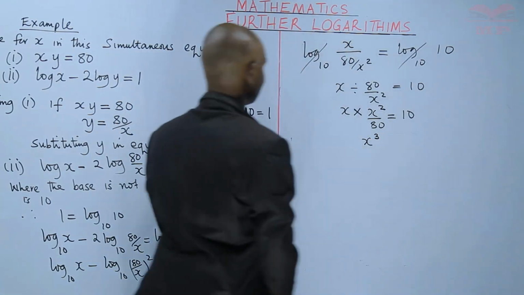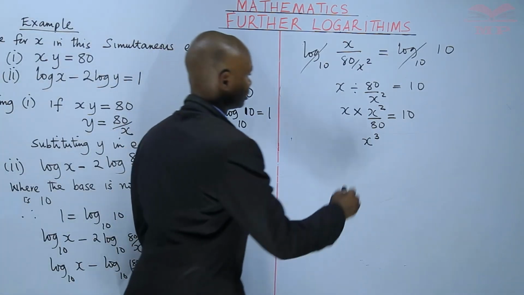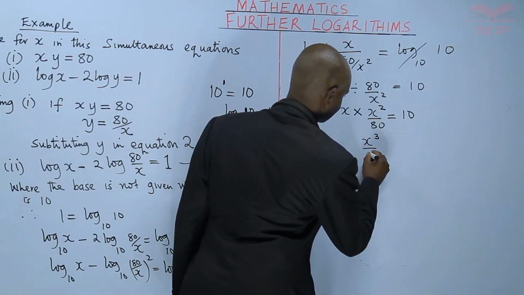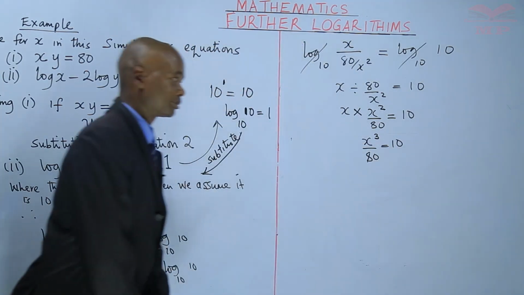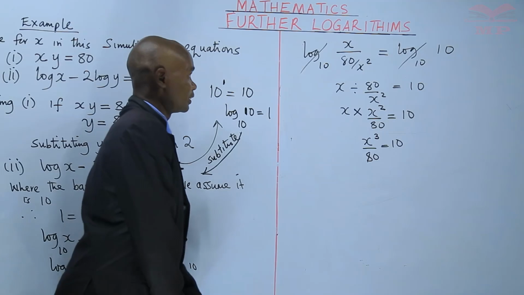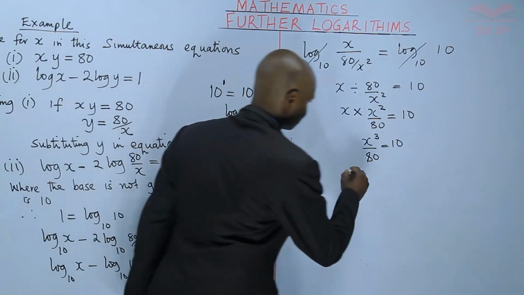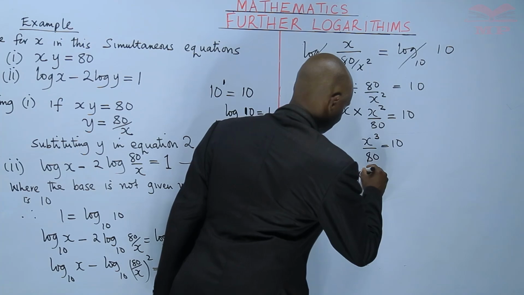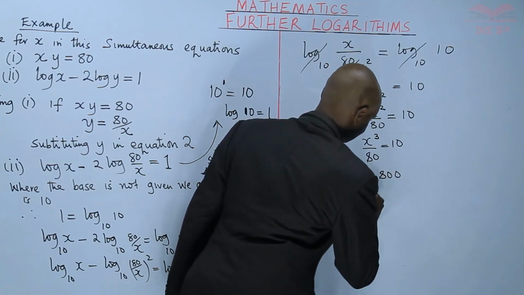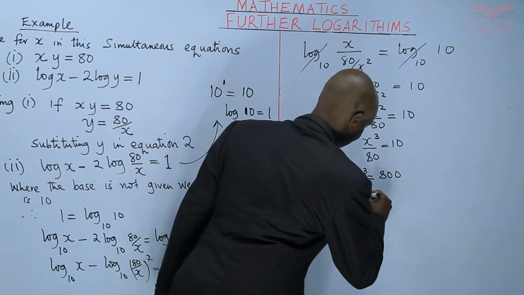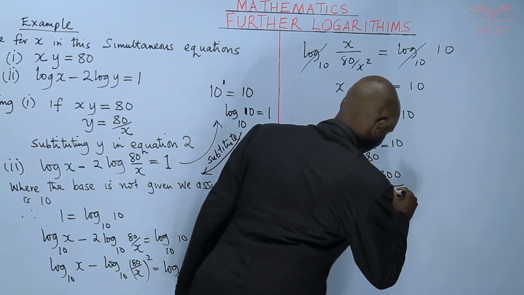You'll have x cubed over 80 is equal to 10. So x cubed will be equal to 800. So x will be equal to the cube root of 800.